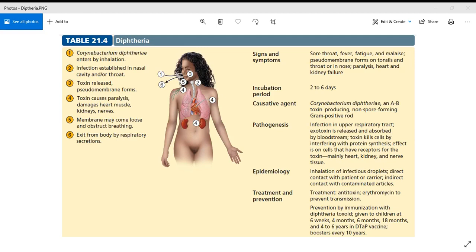So, diphtheria is actually a toxin-mediated disease. When we say toxin, that means that the causative organism produces a toxin, a biochemical that causes the symptoms that we see about the disease.